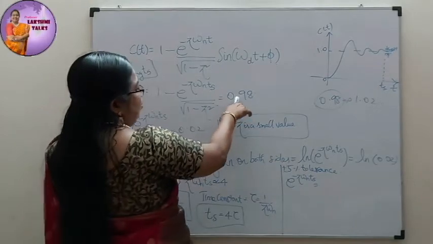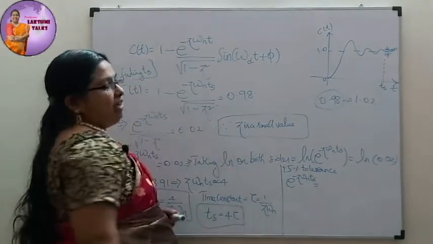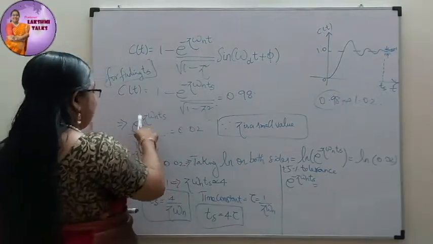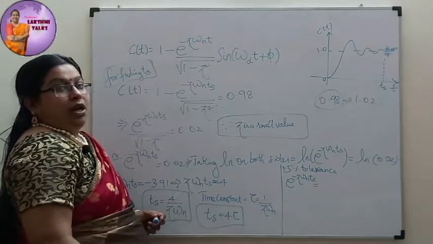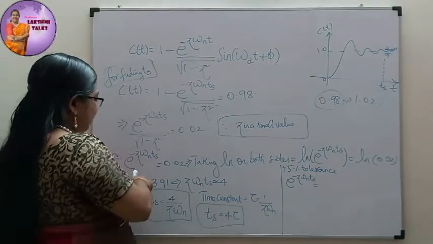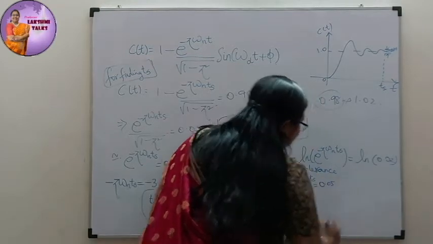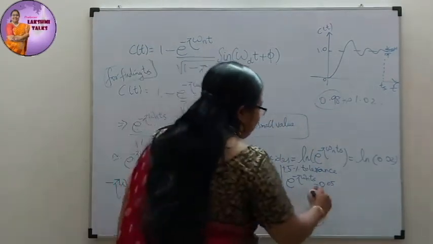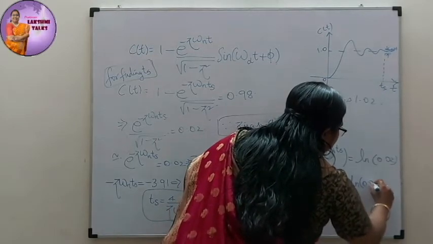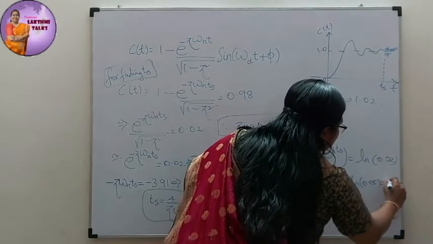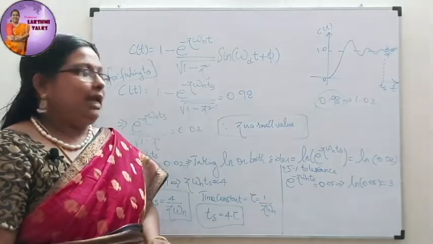So 1 minus 0.95 is nothing but 0.05. So e power minus zeta omega n Ts by root of 1 minus zeta square will be approximately 0.05, and again taking ln on both sides, ln of 0.05 is approximately minus 2.99, or about minus 3.